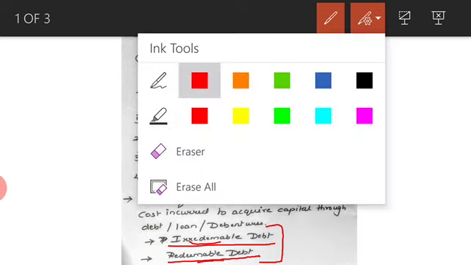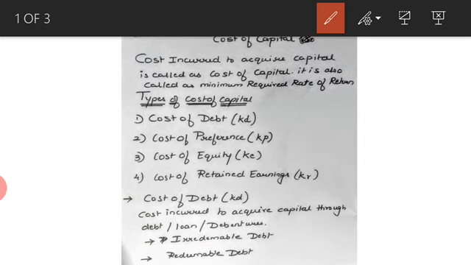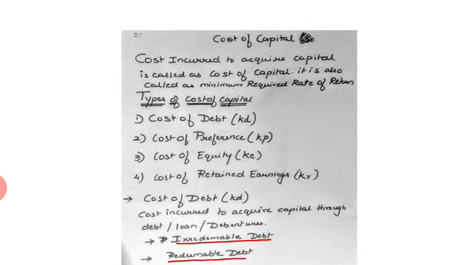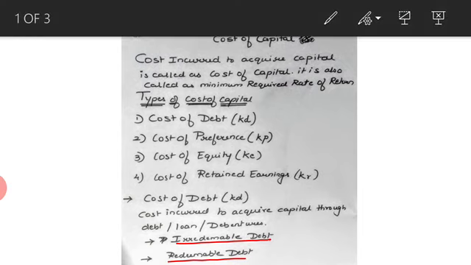So the difference between redeemable and irredeemable is that irredeemable debt does not have a maturity period and cannot be cancelled, whereas redeemable debts have a maturity period and can be cancelled. So with this basic theory related to cost of debt, let us move ahead with the different formulas that we use under cost of debt.